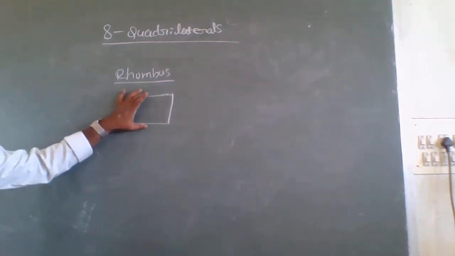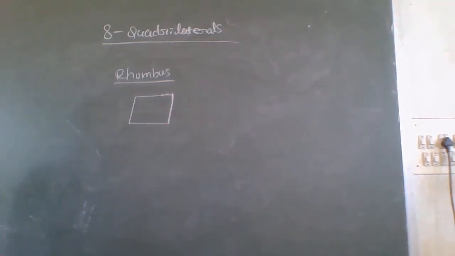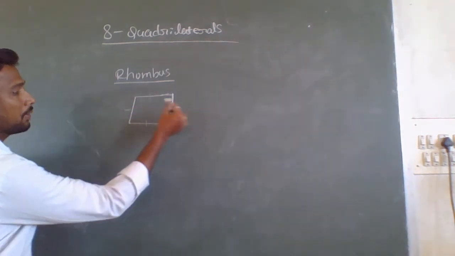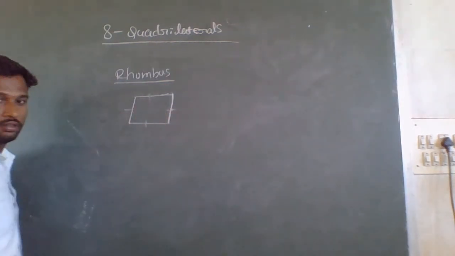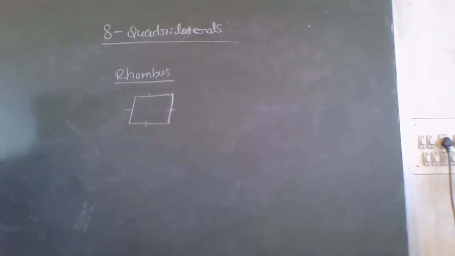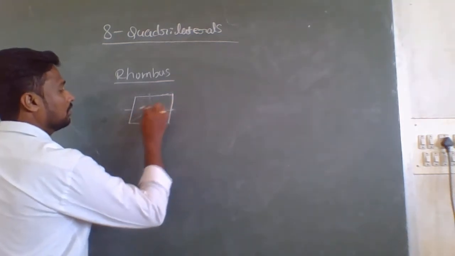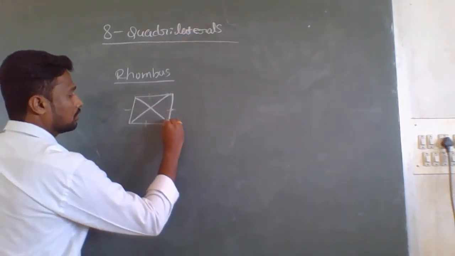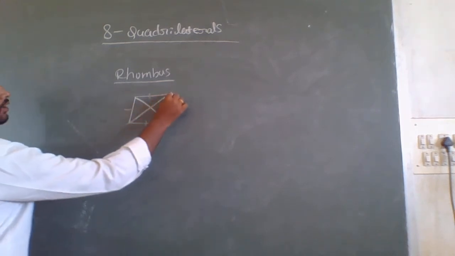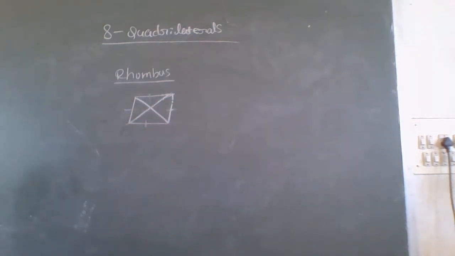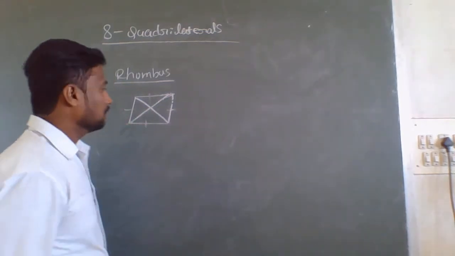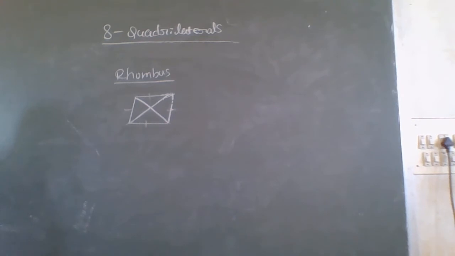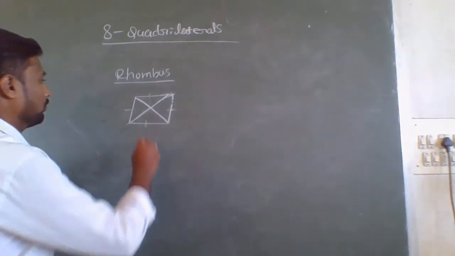Why? Here see, opposite sides are parallel to each other and opposite sides are equal to each other, and another important property is diagonals bisect each other. Another important property of a rhombus is that diagonals are perpendicular to one another.